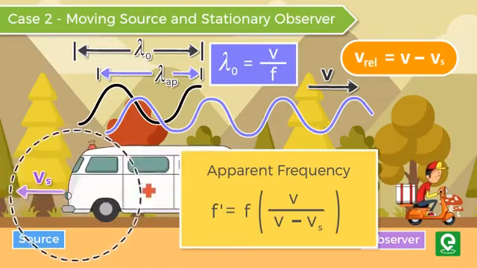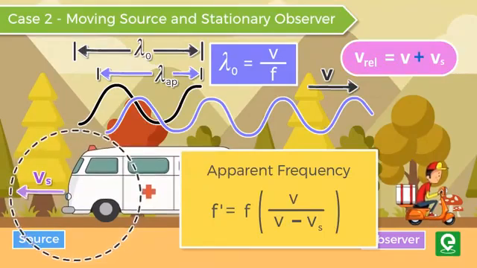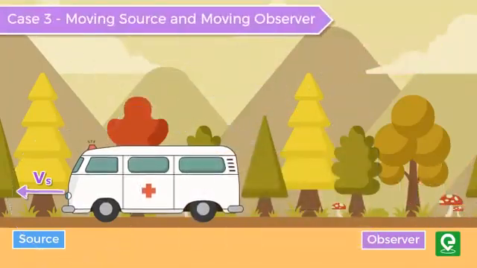Similarly, if the source is receding away from the observer, the relative speed of sound is equal to v plus vs, and the apparent frequency heard by the stationary observer, f dash, is equal to f into v divided by (v plus vs).